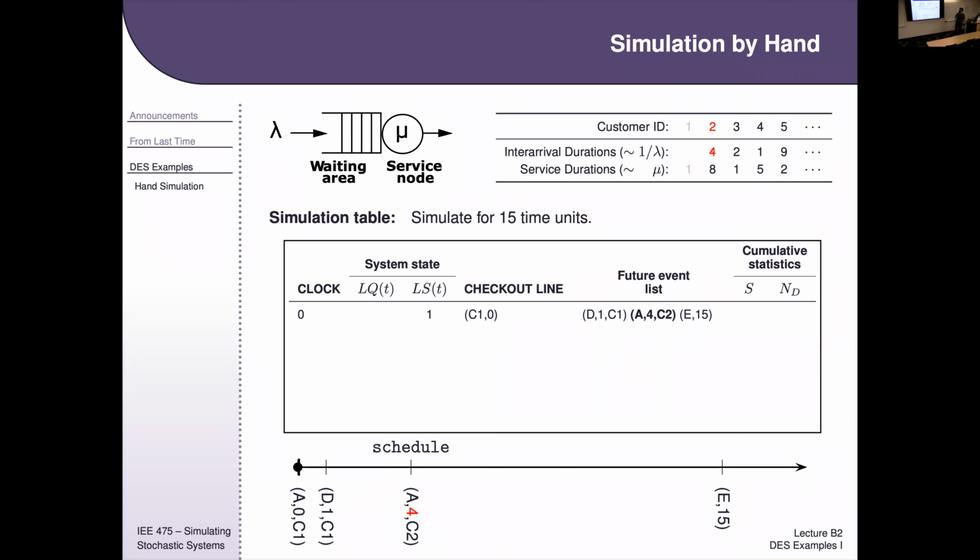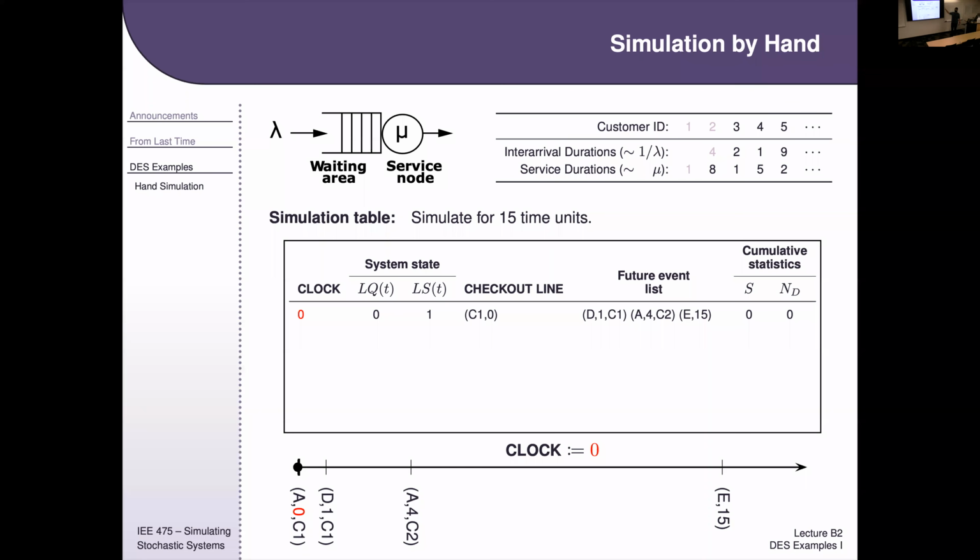So I have to add 4 to the current time and schedule that arrival in the future event list. And then I just fill in the rest of the state variables that didn't change. There's still nobody in the queue waiting. Nobody has departed, which means our cumulative service time is 0 because nobody has actually finished service.